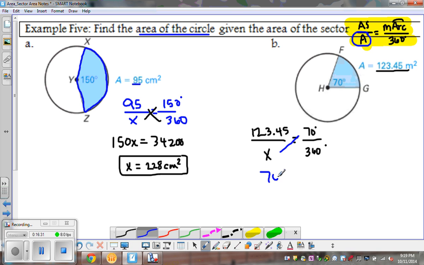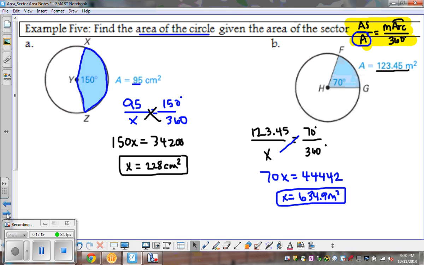So 70 times x is 70x equals 123.45 times 360, which gives me 44,442. We divide that by 70 to get x by itself. So the area of my circle is approximately 634.9 meters squared. The area of my sector was 123.45, and the area of my entire circle is 634.9 square meters.